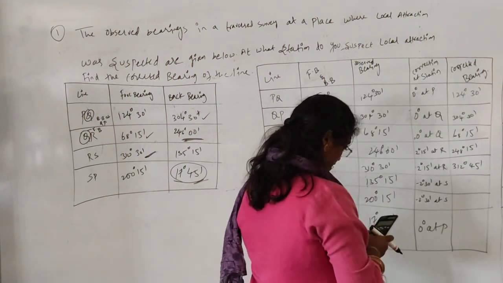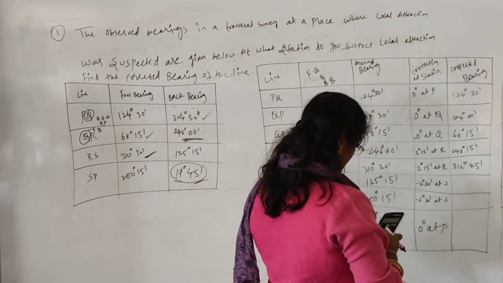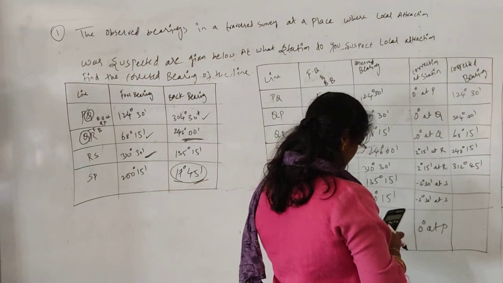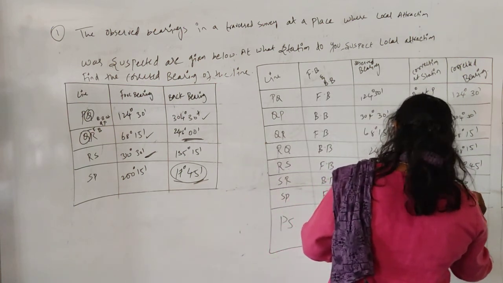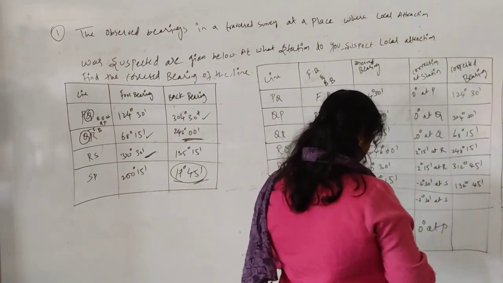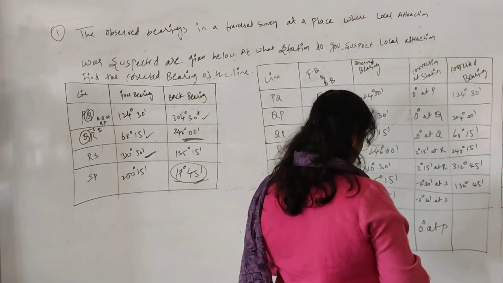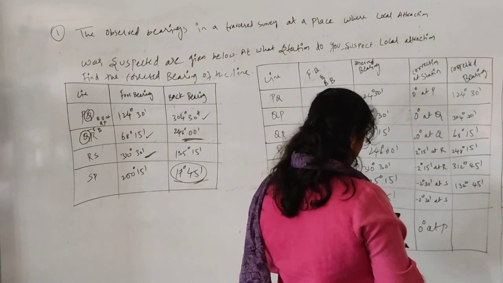Next, 135 degrees 15 minutes minus 2 degrees 30 minutes. So what is the value here? 132 degrees 45 minutes. Next, 200 degrees 15 minutes minus 2 degrees 30 minutes.